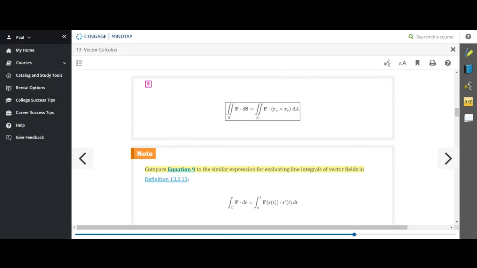Isn't that absolutely cool? The line integral of a vector field involves a dot product. The flux integral involves a dot product. Compare those two formulas. Isn't that so beautiful? It's really beautiful and amazing, the similarity there. I mean, they're different, but isn't math and nature kind of beautiful?